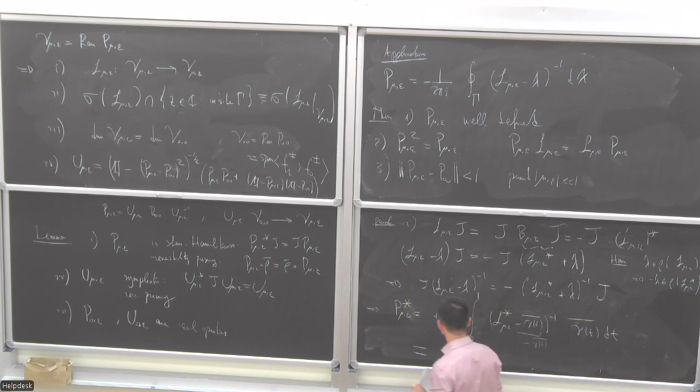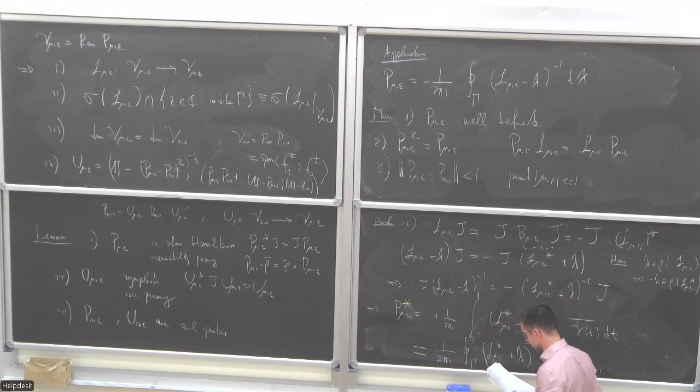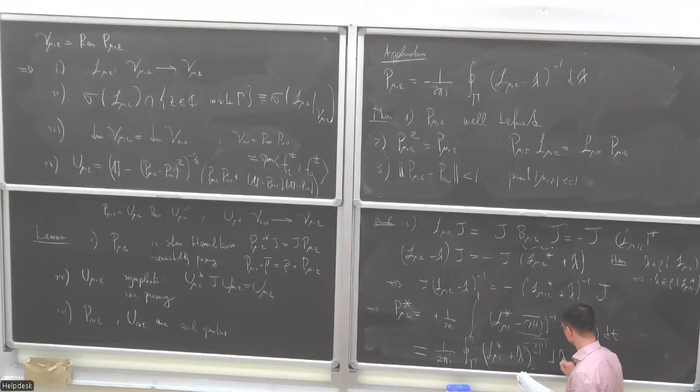And so, as an exercise in complex analysis, convince yourself that this is 1 over 2 pi, the integral over gamma of lambda mu epsilon star plus lambda minus 1 d lambda. You can do it by choosing gamma t, for example, 2 pi i t, just a circle, which is fine in our case. And this allows you to do a computation quite explicitly.